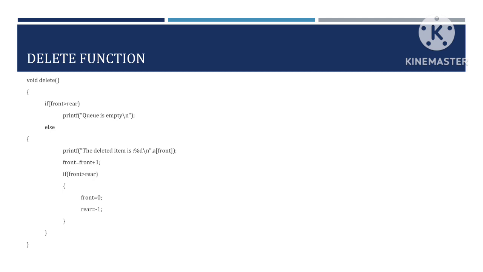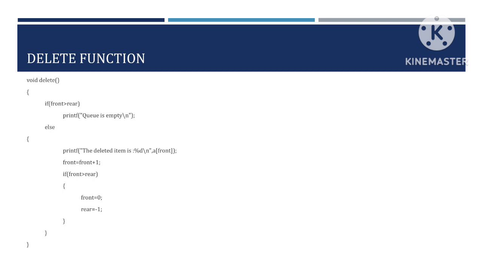If yes, then we have to initialize the default value for front and rear. That means if front is greater than rear after deletion, then we have to initialize front is equal to 0 and rear is equal to -1. So these 3 steps we have to follow to delete an item from the front end of a queue.